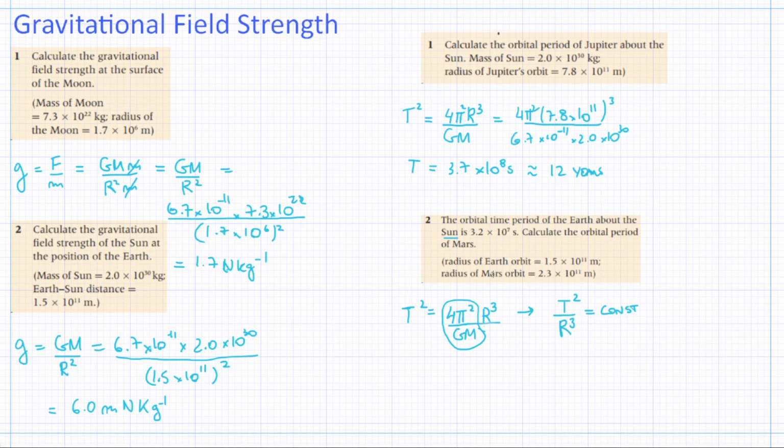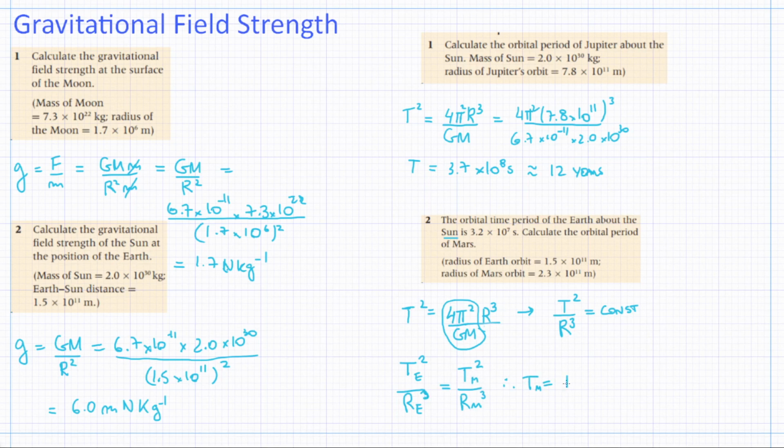So we can compare those two. Since I know the radius of Earth, let's say T squared of Earth over the radius of Earth to the power 3 should be equal to the period of Mars squared over the radius of Mars to the power 3. And now, if we're looking for the period of Mars, I can take the period of Mars as my subject.